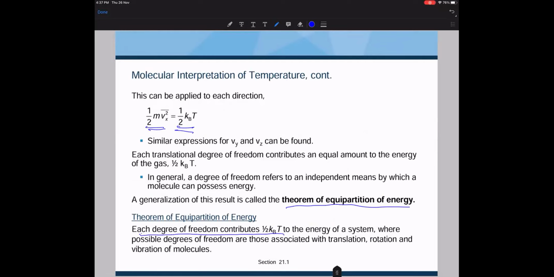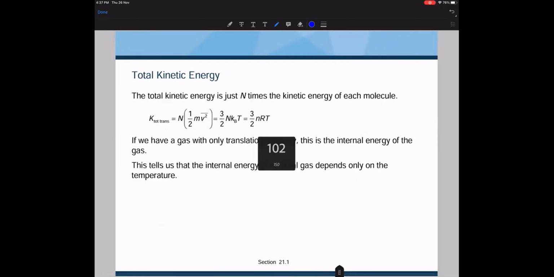At least for the one-atom molecules, the total kinetic energy is equal to 3/2 times nRT. Now, degree of freedom of motion refers to what direction or what sense they could have movement.